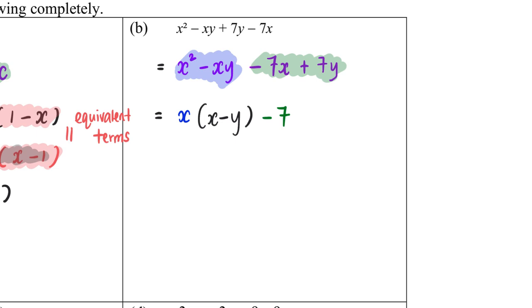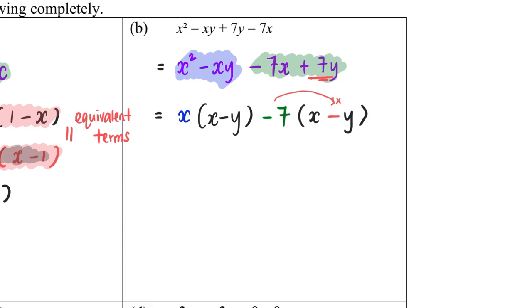And when I do that, you will see Mr. Tan writing the minus y. And why does Mr. Tan write that? Because negative 7 times negative y must give me back my positive 7y.